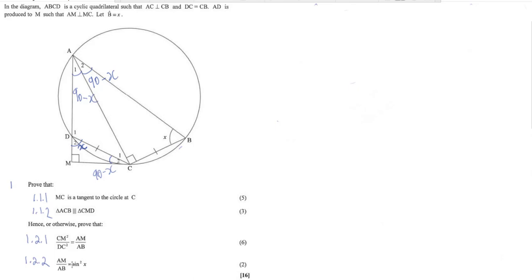So when it says AM over AB, which triangle has AM over AB? Now we cannot look at the AM over AB, but let's look here. We have CM squared over DC squared equal to AM over AB.